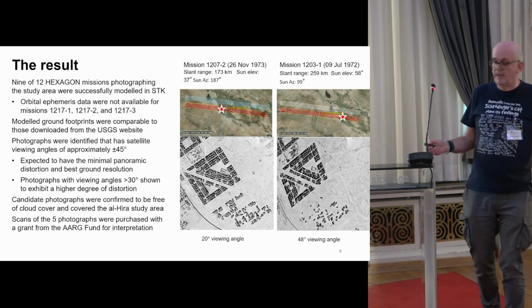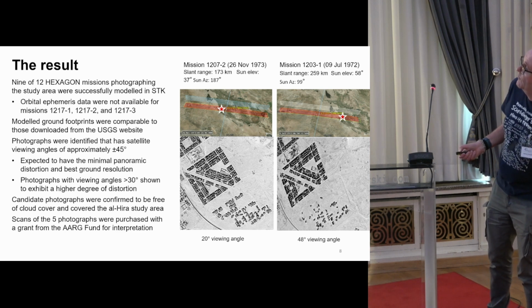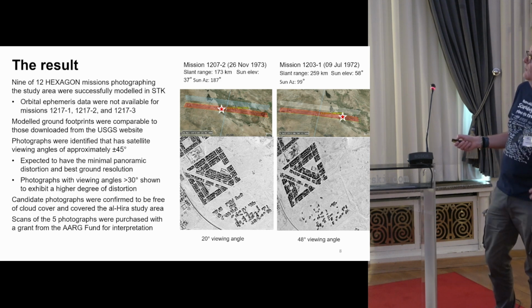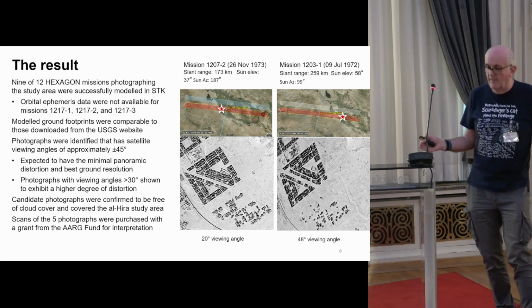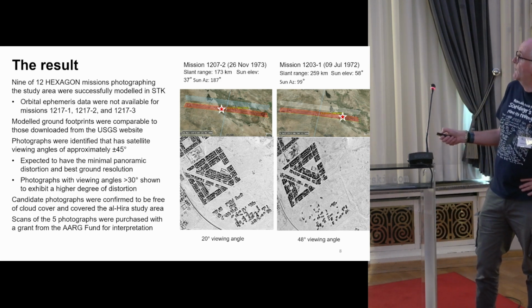And it worked. The approach worked. Out of the 12 missions, 9 of them could be modelled. For some reason, I couldn't get the ephemeris for mission 1217. The footprints agreed with what the USGS were saying, and you can see the difference in the distortion.